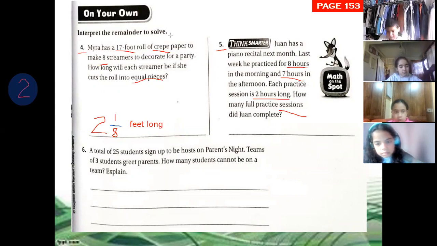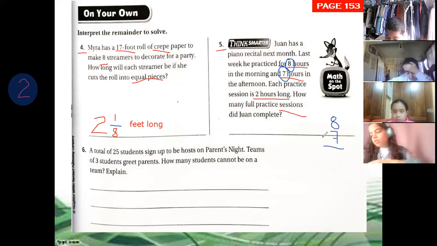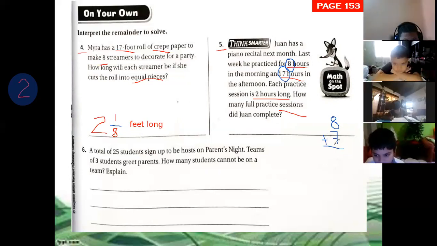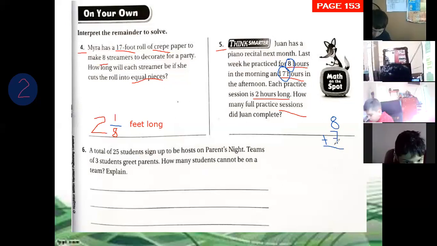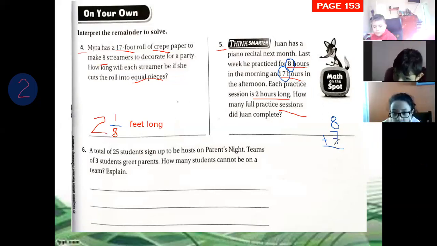First of all, we need to combine those 8 hours with the 7 hours, so we have to add 8 plus 7. 15.